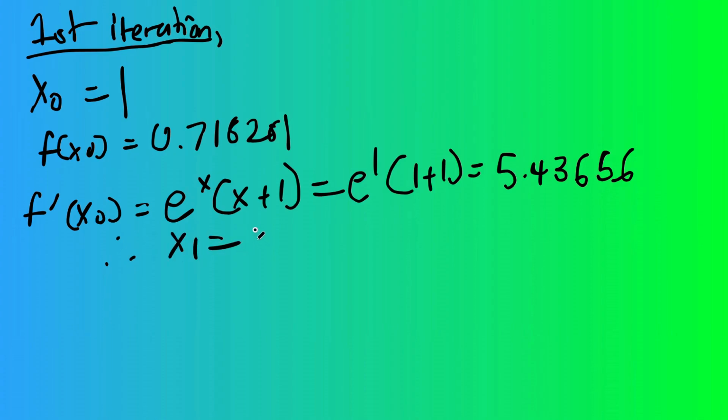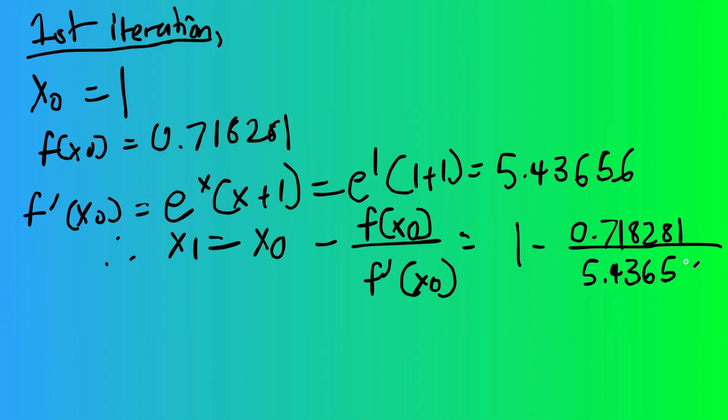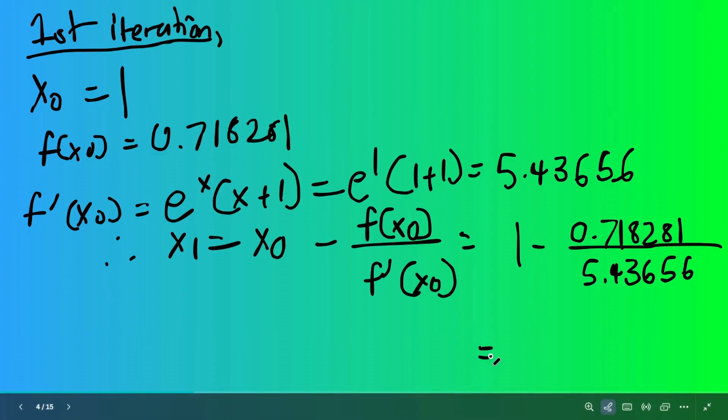So x1 equals x0 minus f(x0) divided by f'(x0), equal to 1 minus 0.718281 divided by 5.43656.